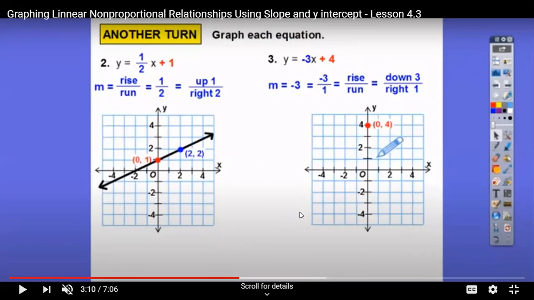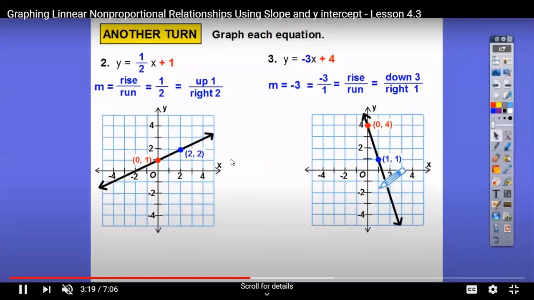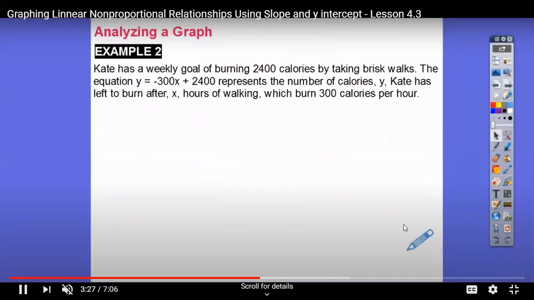Then we will continue to draw the line after you plot the second point. In this case, as I said, we have the general form, which is y equals mx plus b. You will start by using the y-intercept and then the slope to represent it graphically.